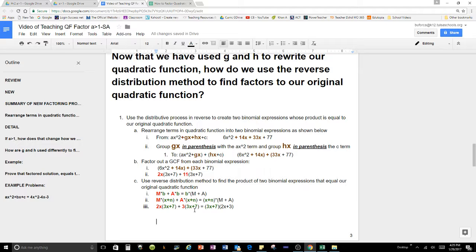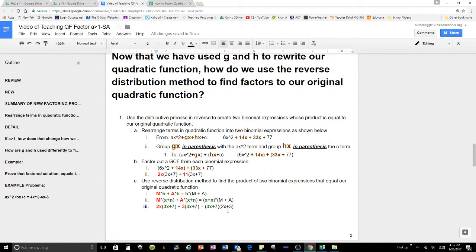What we can do is pull 3x plus 7 out and multiply it times the quantity 2x plus 3. Just like we could pull x plus n out and multiply it times the quantity of m plus a. Just like we can pull b out and multiply it times the quantity of m plus a. Okay? And this is our solution.